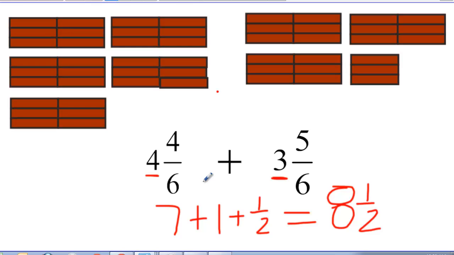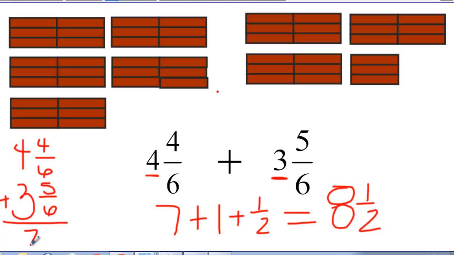And you can kind of see that if I add 4 and 4/6 over here, if I write these vertically, and I'm adding these together, I would get 7, and then I would add 4/6 plus 5/6, and that would give me 9/6.